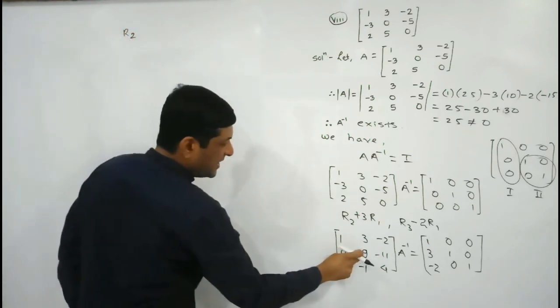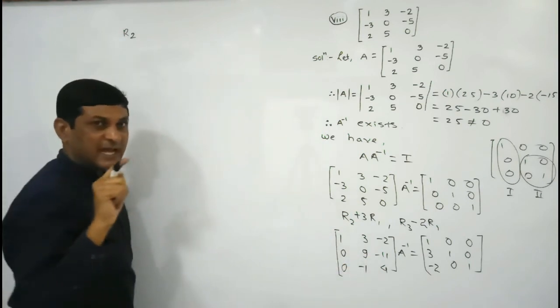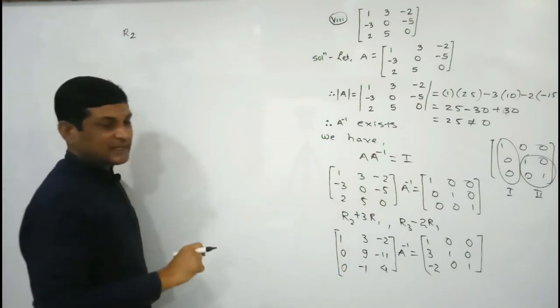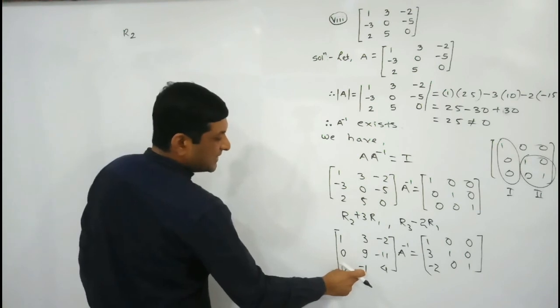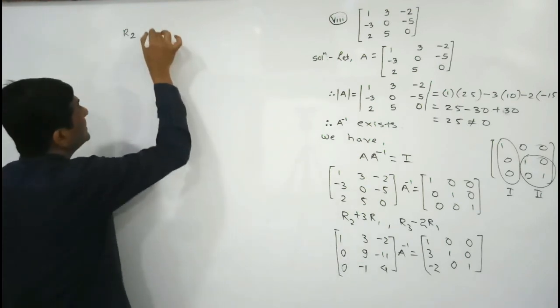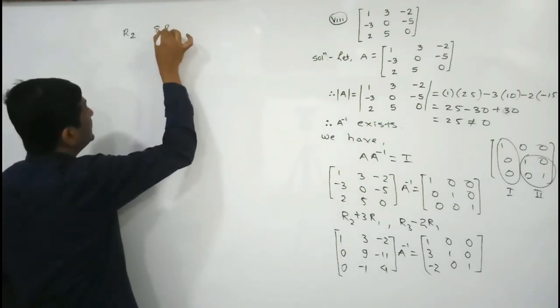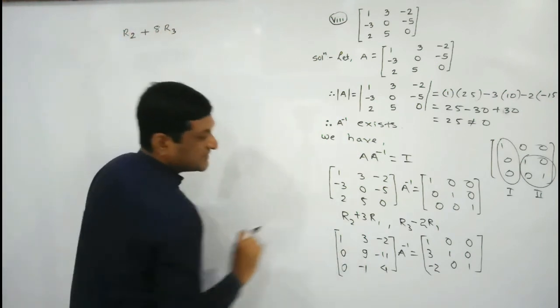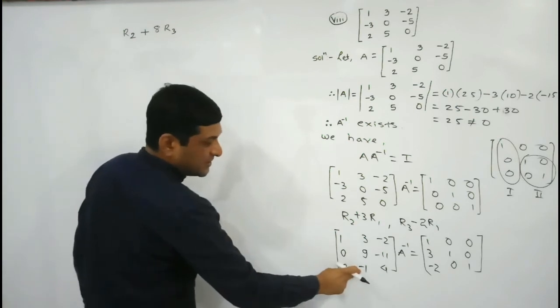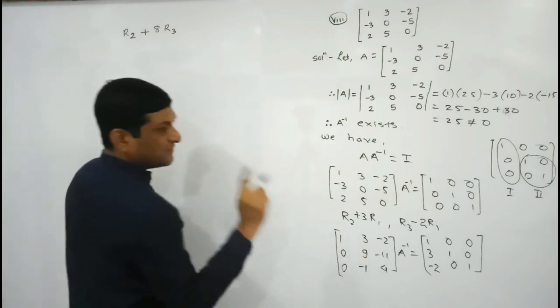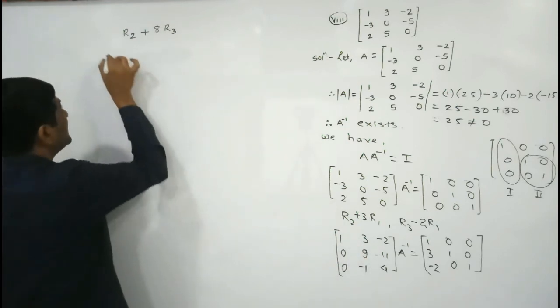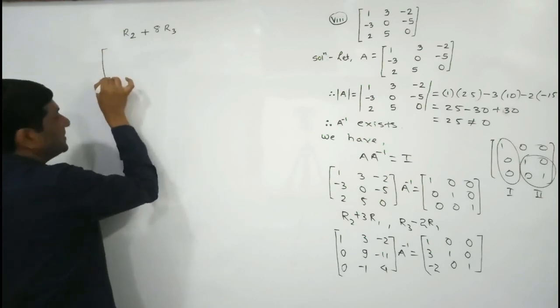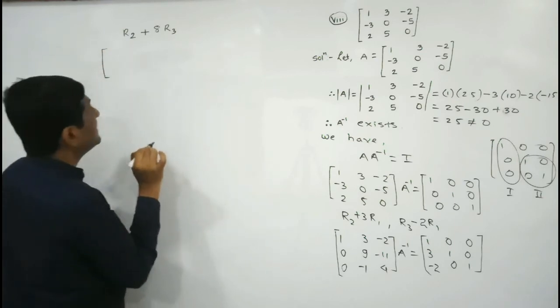This is the element of R2. और यहाँ पे हमें 1 चाहिए, यानी 9 में से 8 सब्ट्रैक्ट करना पड़ेगा. तो यहाँ पे 8 लाने के लिए हमें 8 से मल्टीप्लाई कर रहे हैं हम. So we are multiplying R3 by 8 and we have to take the addition because already this element is negative. If we multiply by 8, here we will get minus 8 and 9 minus 8 will become 1.